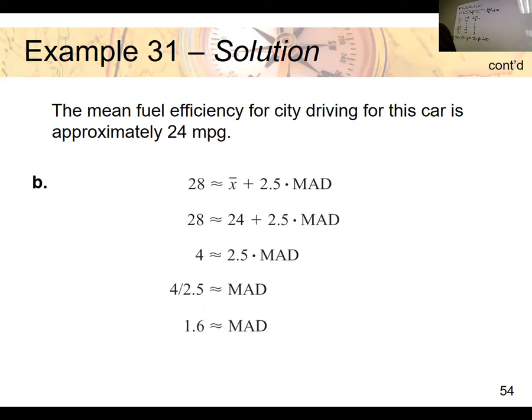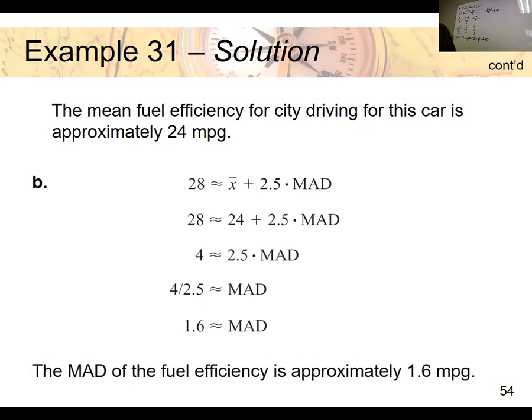I asked what that means in perspective of the original problem. And what does that mean about the car itself? What is it expressing? Good question. Well, deviation is just the spread of the data, so that means the spread of the fuel efficiency for that particular type of car would probably be about 1.6 miles per gallon.